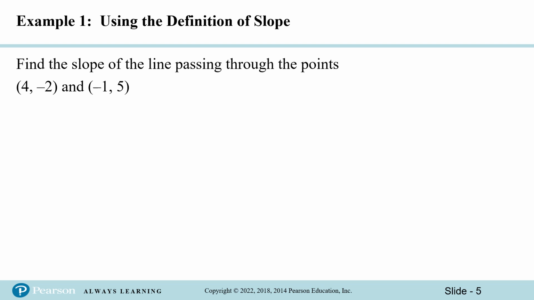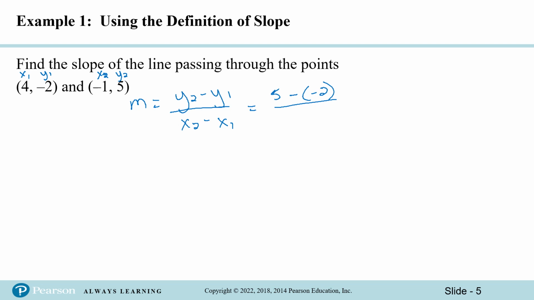Find the slope of the line passing through these 2 points. Because they gave us a couple ordered pairs, we're going to use the formula. So this is going to be our first x value and our first y value, and our second x value and our second y value. We take our second y value, subtract our first one. Be careful, the formula has subtract and the number is negative.